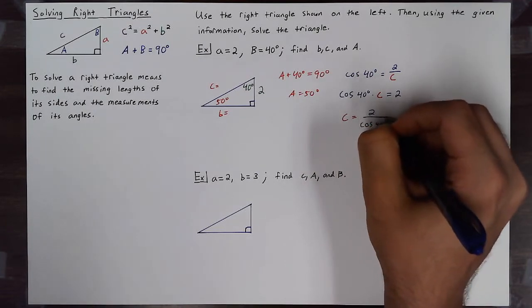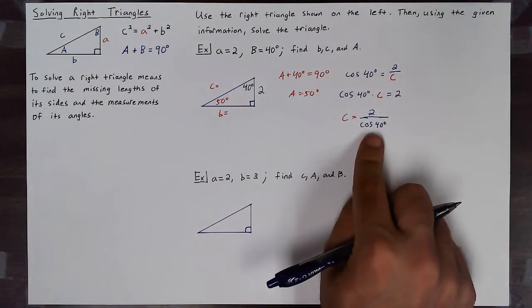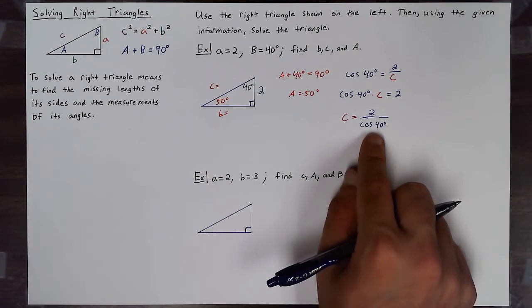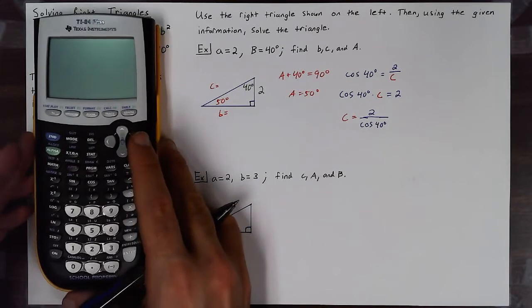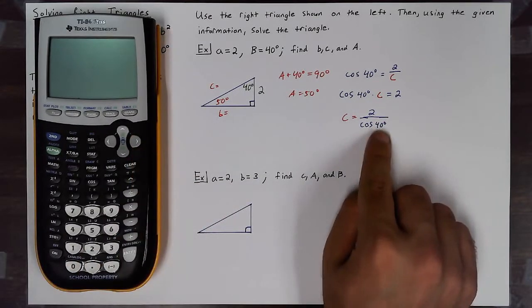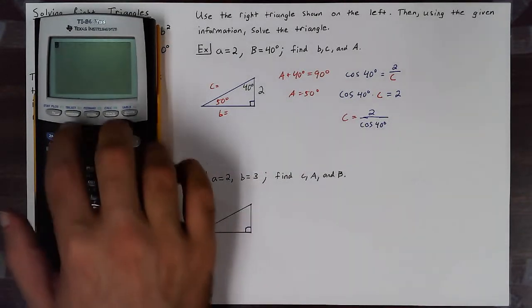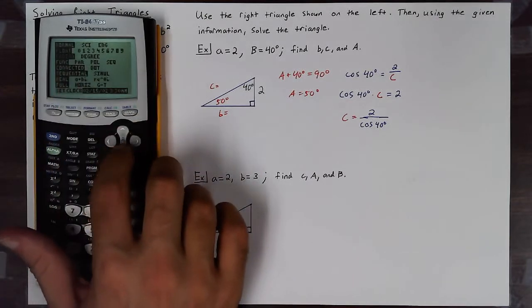Now, cosine of 40 degrees isn't a known angle on the unit circle. So we're going to have to use a calculator to find its value. And since I'm using degrees here, when I turn on my calculator, I need to make sure that I have it in degree mode.